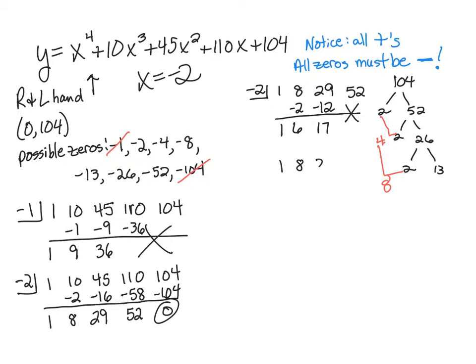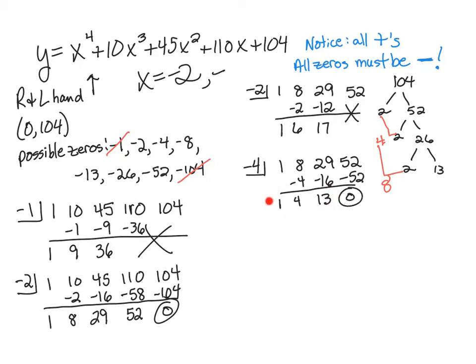So I move on to the next number in the list, which was a -4. Notice that I do not go back to the original numbers. I go to the numbers where I got a 0. Bring down the first number, multiply, add, multiply. Ooh, 13 times 4 is 52. And I got another 0.